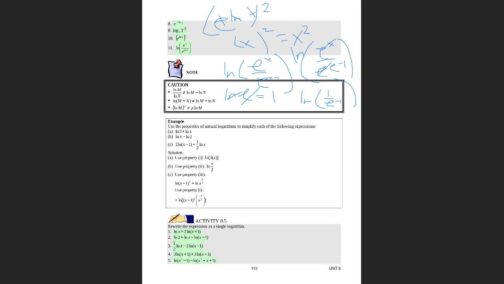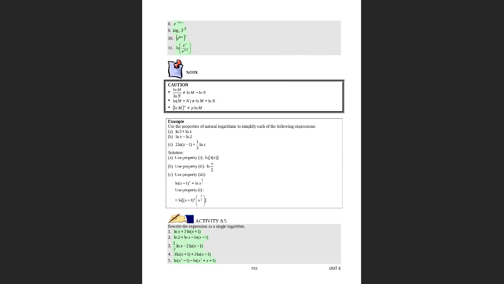Okay, so please, you need to look at this one, which are common mistakes that most of you make. Please, ln m over n is not the same as ln m divided by ln n.